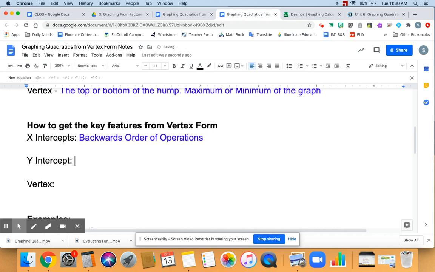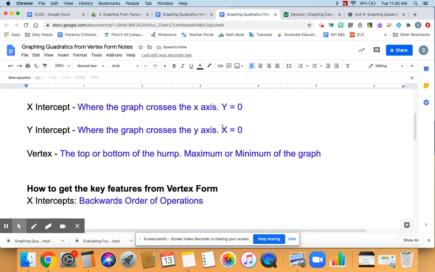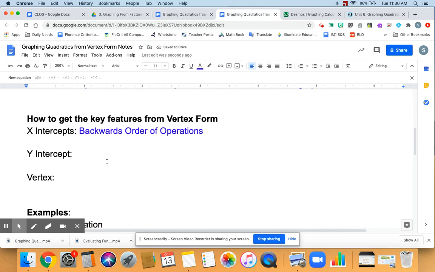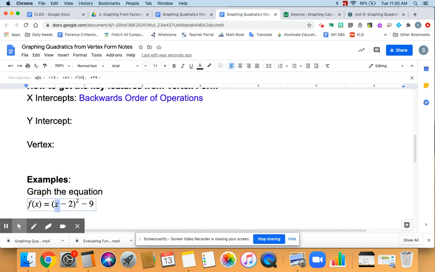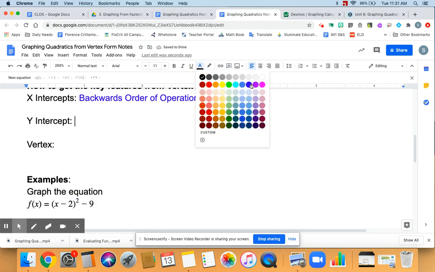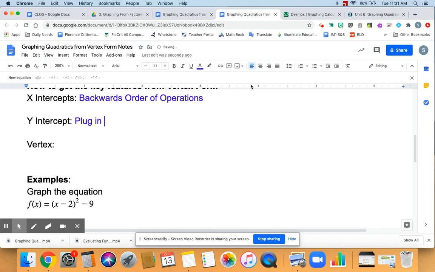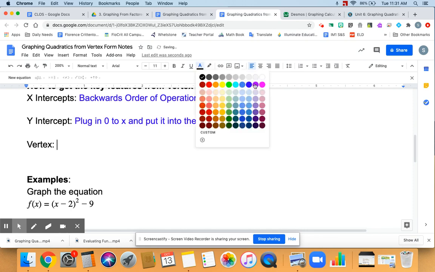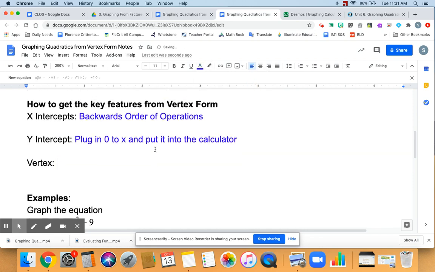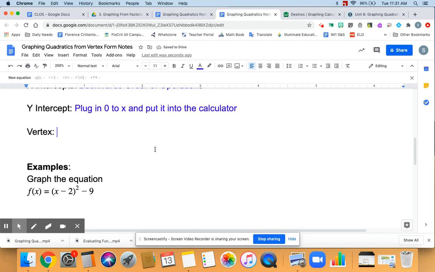For the y-intercept, remember it's when x equals 0. So really all you do is you plug in 0 into this x and then solve. So for the y-intercept, it's plug in 0 to x and put it into the calculator. All right, the vertex is the special one in vertex form that you can get pretty easily.